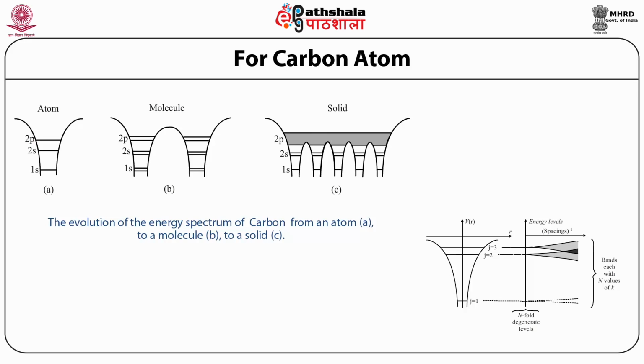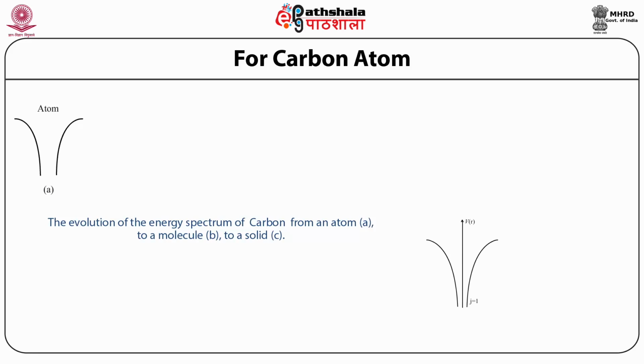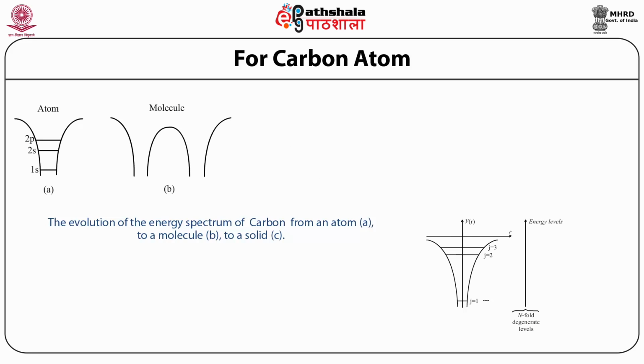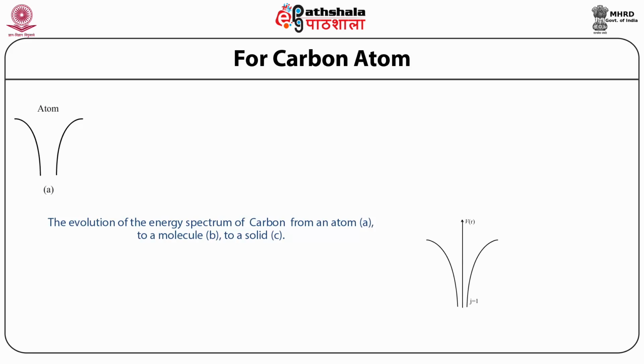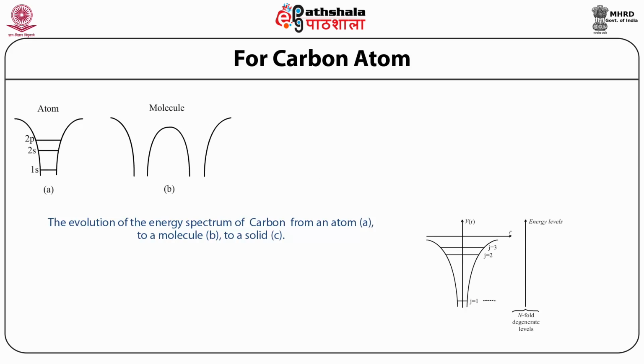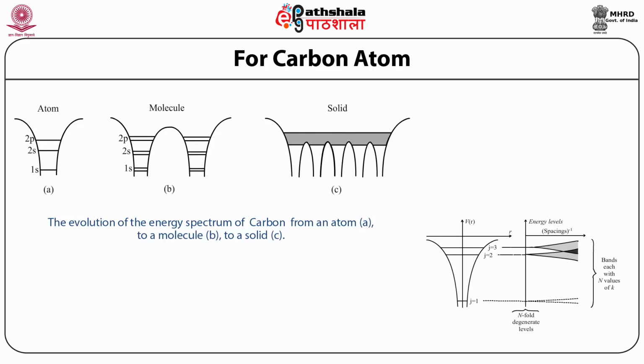If the distance between the two nuclei reduces, the perturbation becomes stronger, leading to larger splitting, which also depends on the atomic orbital. The splitting of the 2p level is larger than that of the 2s level, which is larger still than that of the 1s level.